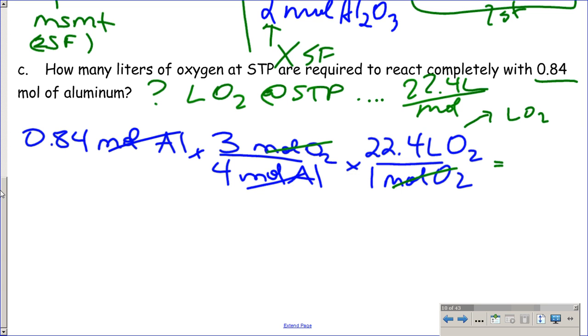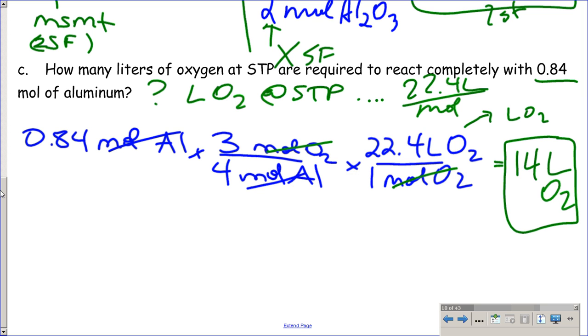This is 14 liters of oxygen. So you should be doing 0.84 times 3 times 22.4 equals whatever, divided by 4.